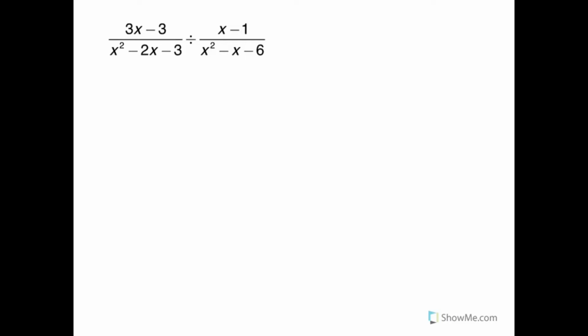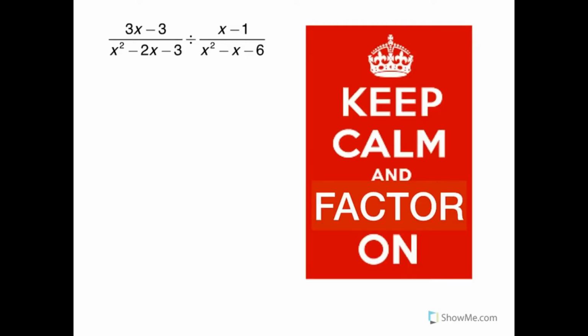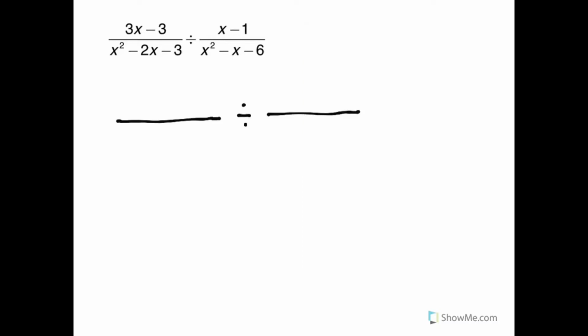It's not much different from multiplying, so you know what I'm going to say. 3x minus 3 I can factor out of 3, and I get x minus 1. X squared minus 2x minus 3 factors to x minus 3, x plus 1.